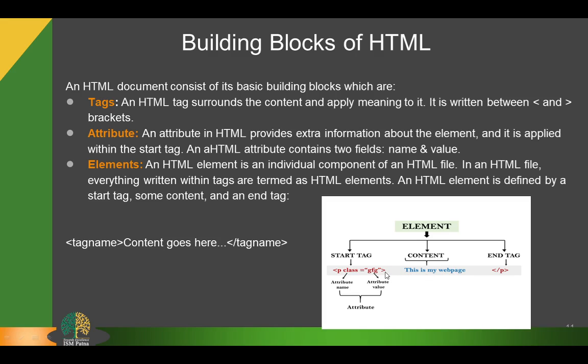The content, whatever you are writing inside the tag, that is between the starting tag and end tag, is termed the element of that tag. So the basic building blocks consist of element, attribute and tags. Here is the syntax to write this: tag name, content, closing tag.